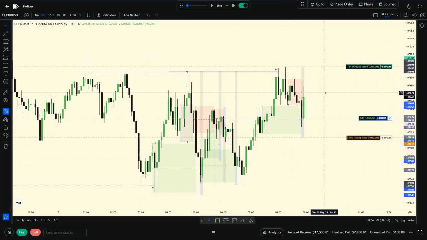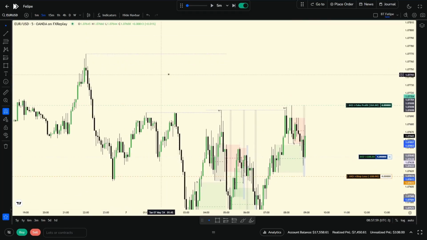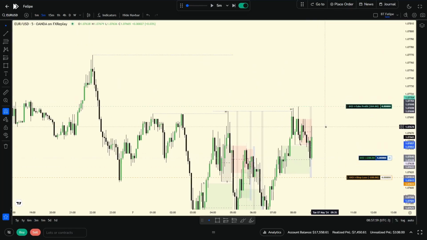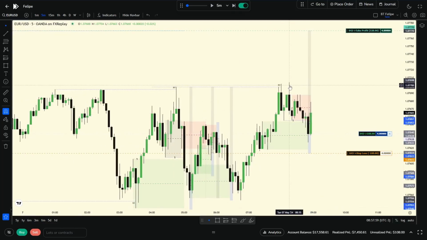But now, I don't know, maybe we're going to take this before. I think I'll do like this. But I'm going to put in break even after this break, because this will be the correct target.